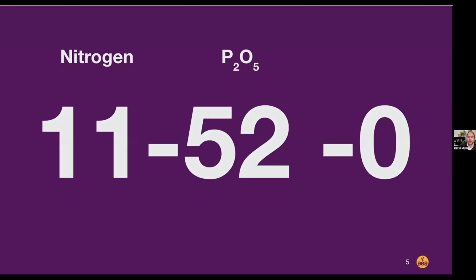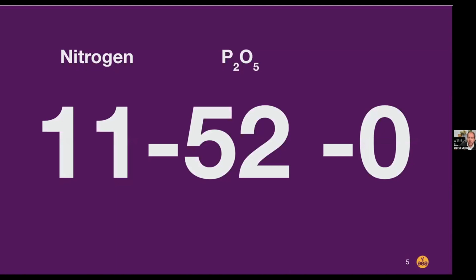So 52, or the phosphorus number, is actually P2O5, not actual phosphorus. What does that mean? If you apply 100 pounds of MAP, it'll give you 52 pounds of P2O5, of which 44% is phosphorus. So at 100 pounds, you're going to end up with 22 pounds of actual phosphorus.